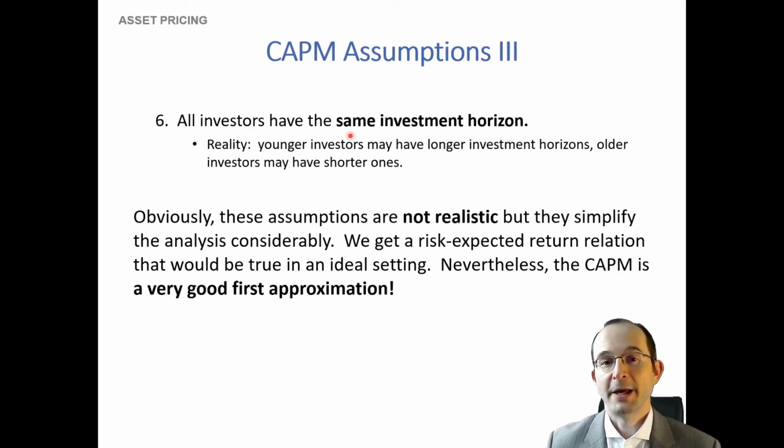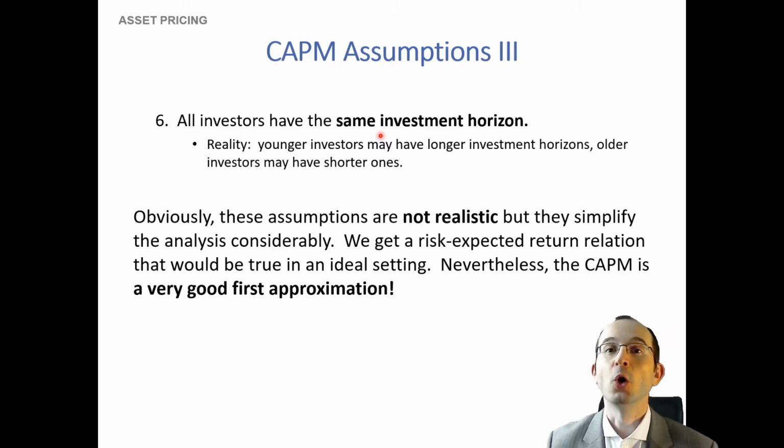Furthermore, all investors have the same investment horizon. Now, this of course wouldn't be true either, because we know that among retail investors, younger investors have a longer horizon, older investors have shorter horizons, and among institutions as well, there's, for example, high-frequency traders that will hold a position for less than a second, perhaps.